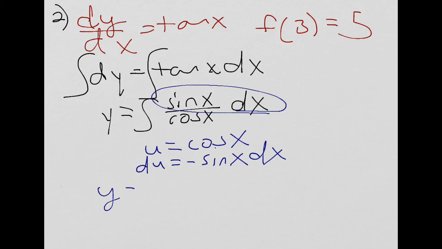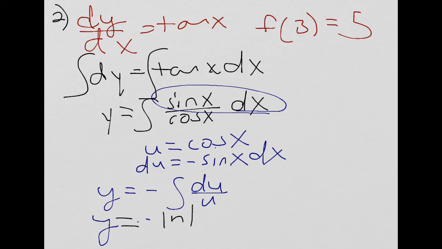You take the negative out in front of the integral, and now we realize its antiderivative is negative ln absolute value of u plus c. But u was cosine of x, so we're going to have to plug that in.